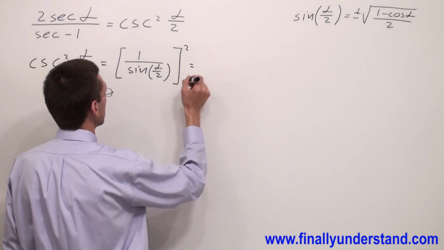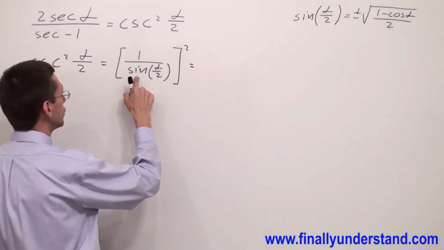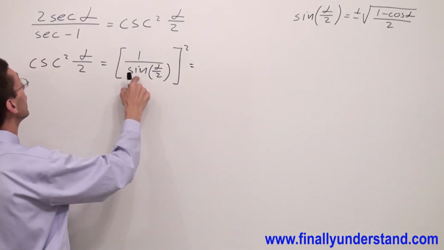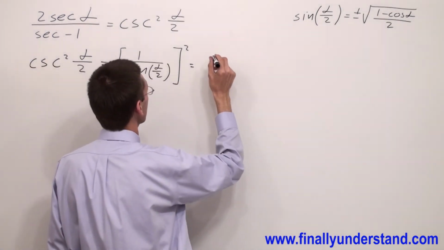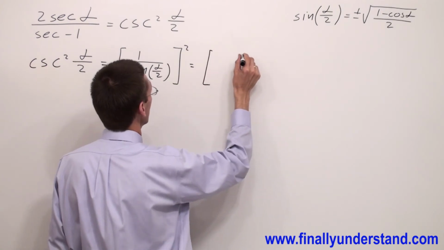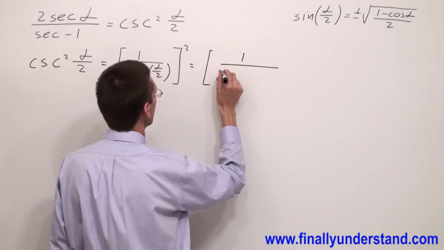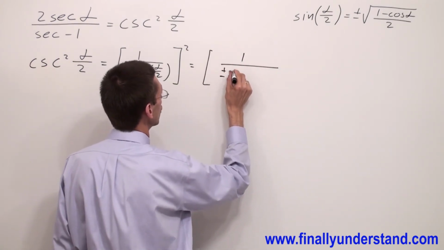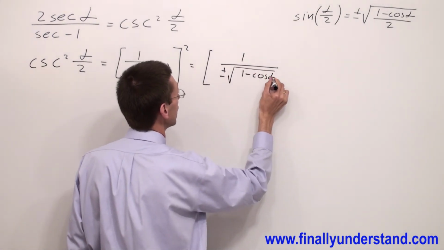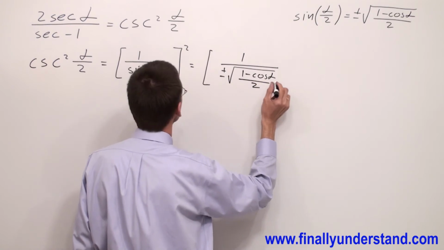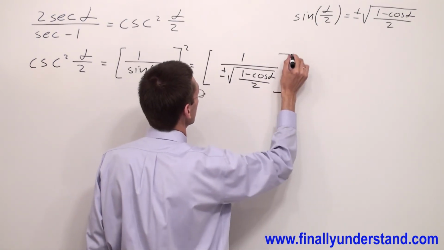Now, please notice that this is the sine of half an angle. That's why I'm going to use this formula. That's why I have 1 over plus minus square root 1 minus cosine alpha over 2 to the second power.